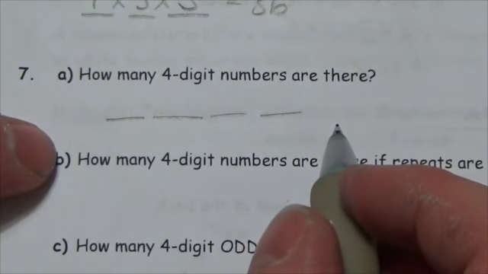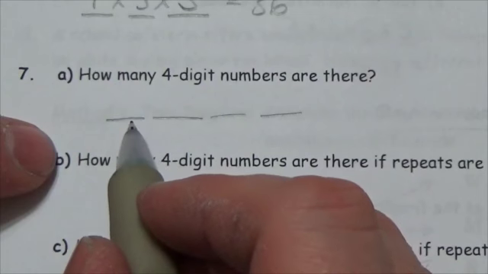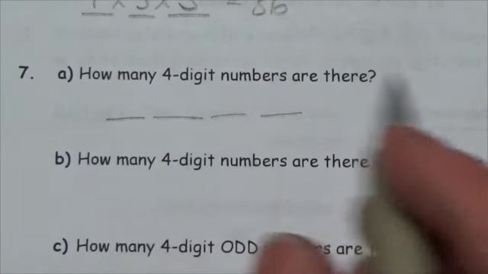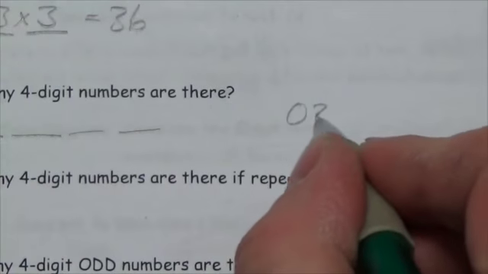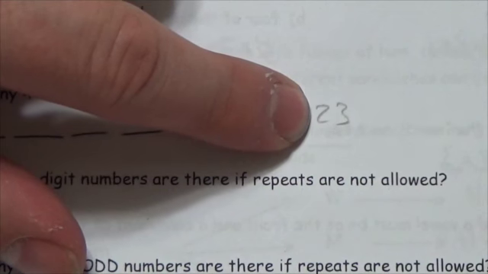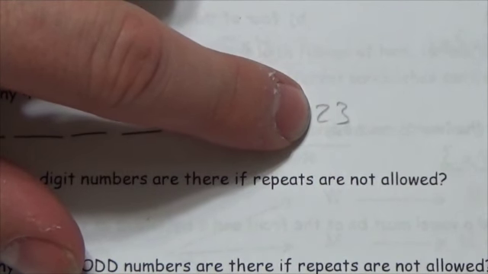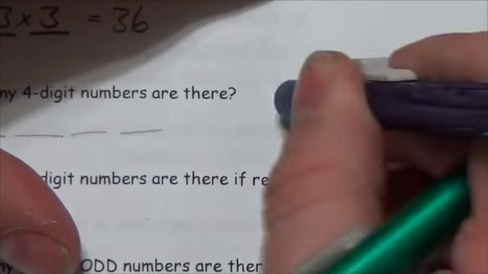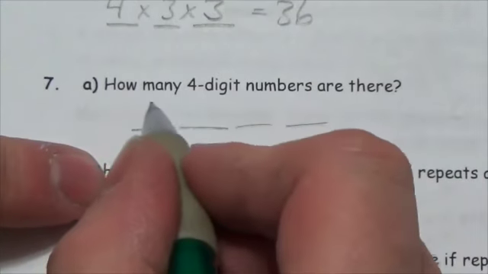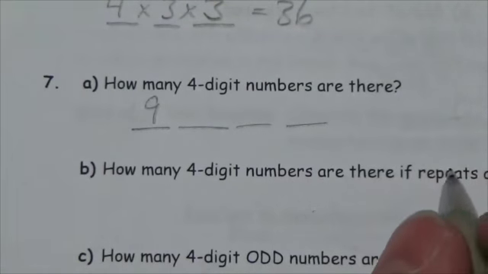There is a restriction here on the first digit. The first digit can't be 0. For example, the number 023 is just the number 23. A 0 up in the front doesn't do anything, doesn't influence the number there. So we can't allow there to be a 0 up front here. That means there are only 9 choices for that first digit.